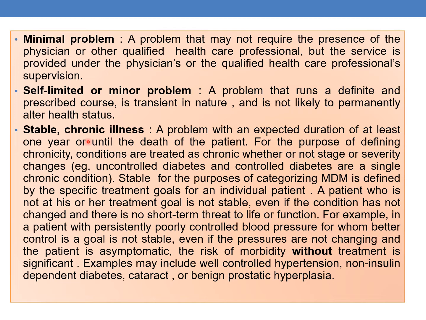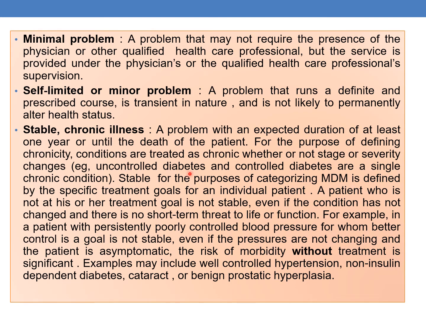Now coming to stable chronic illness. A problem with an expected duration of at least 1 year or until death of the patient is considered as chronic illness. And for the purpose of defining chronicity, conditions are treated as chronic whether or not stage or severity changes.